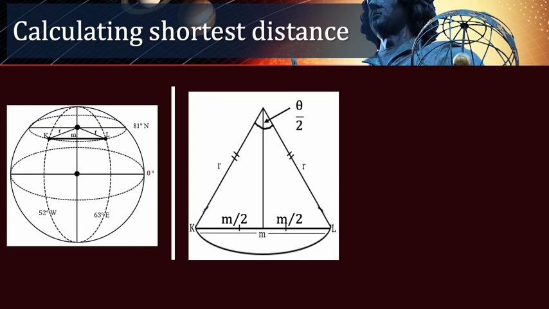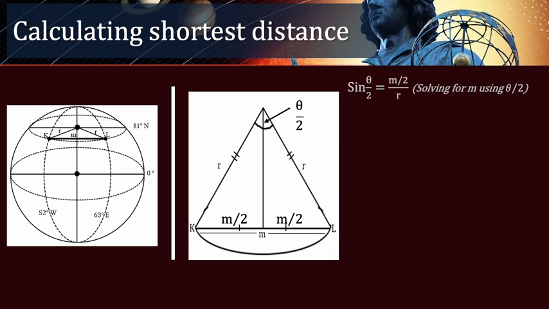Which trigonometric ratio uses the side which is opposite to the angle we want to use, and the hypotenuse? It is sine. Therefore, I'll construct my formula as sine the angle, which is half theta. So sine half theta is equal to, opposite is M over 2 over R.